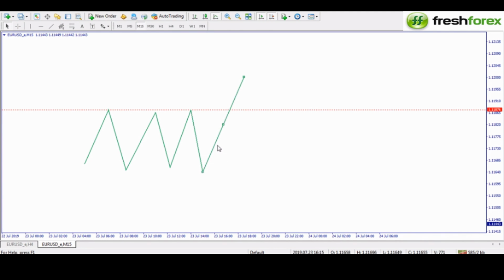So normally after this breakout, we expect price to maintain, to keep itself above, to remain above that level. We expect price to always remain above this resistance.